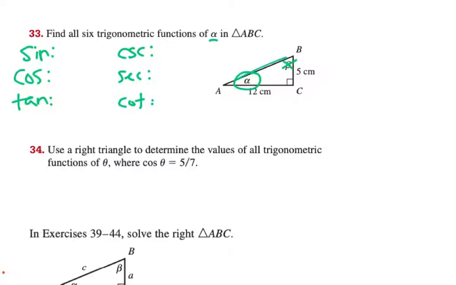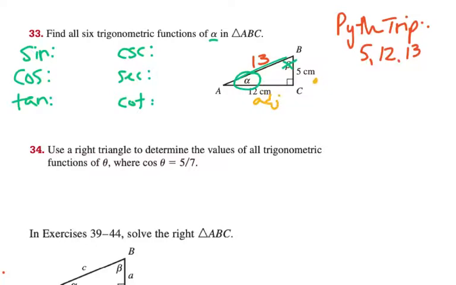So quickly, you can remember that the Pythagorean triple is 5, 12, 13. So I know that this is 13 for my hypotenuse. I also know that this is my adjacent side, this is opposite, and this is hypotenuse. And so SOHCAHTOA is going to help me figure this one out versus the unit circle.